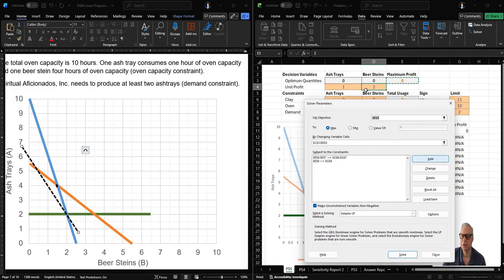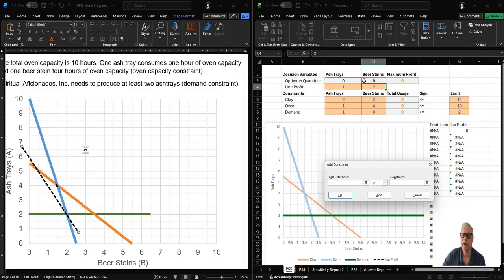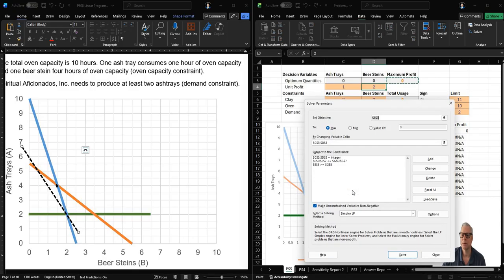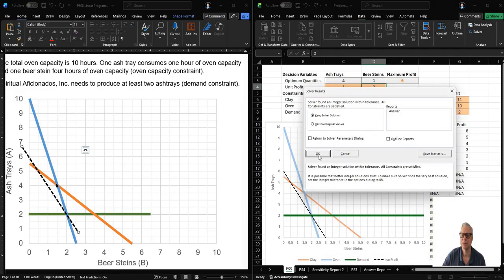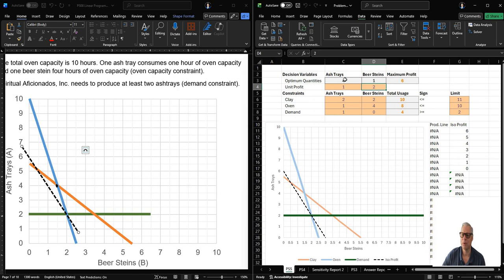And what we do is we add now the constraint that the optimum quantities are supposed to be integers. Okay, so we know that we have two solutions, 4 and 1 and 2 and 2. So let's see what Excel presents us. 4 and 1.